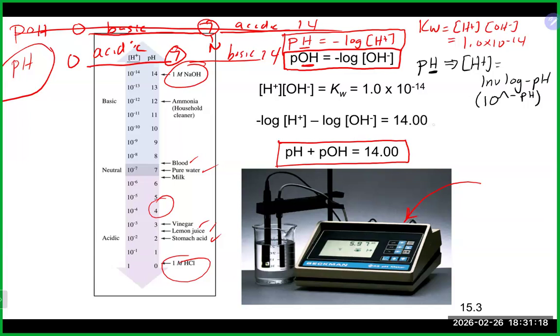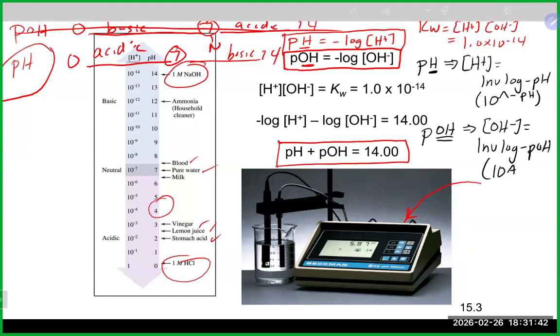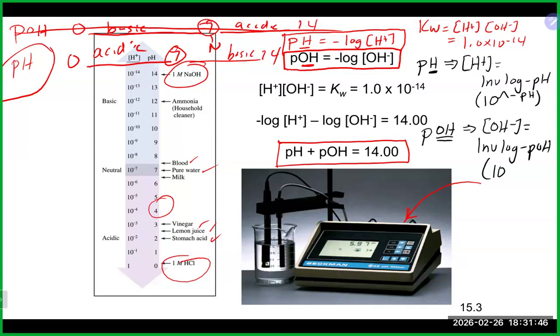You can also, if you have the pOH given to you, directly calculate the OH minus concentration. And it is the exact same calculation. The OH minus concentration would equal the inverse log of the negative pOH, which once again, on most people's calculators will pop up a 10 and that caret. And again, you're going to do negative pOH here.